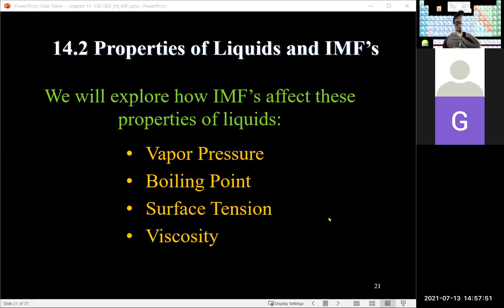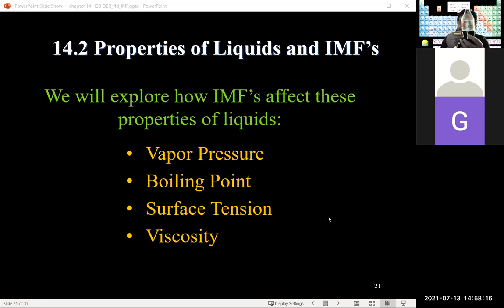Now, down here in the liquid, think of this real good: if the molecules in the liquid hold on to each other tightly, there's going to be fewer gas molecules in the empty space. Remember that.